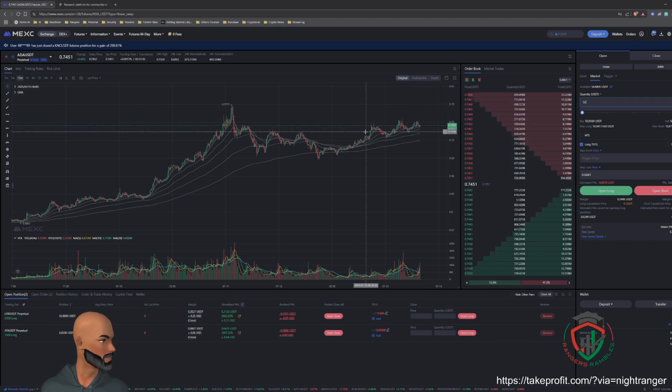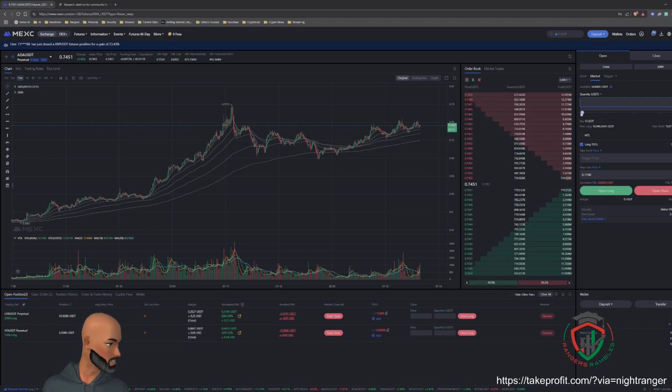That's what puts me off. This is why I have tight stop losses. 7207. Let's have a look. Do 7198. Even that, to increase my margin. That's just a joke.